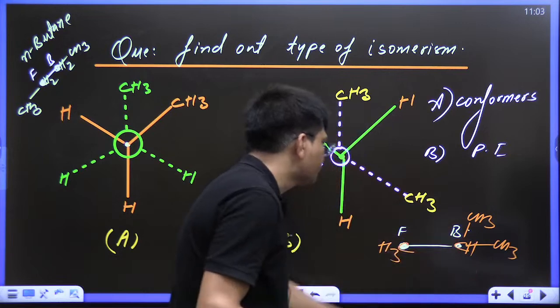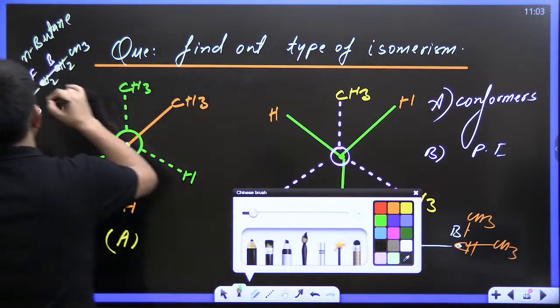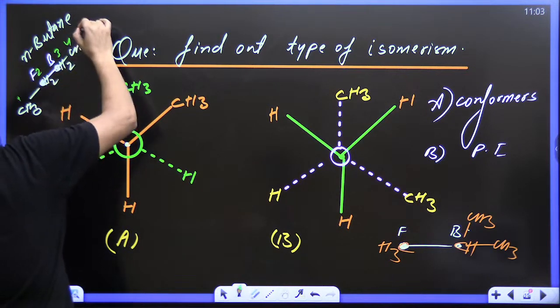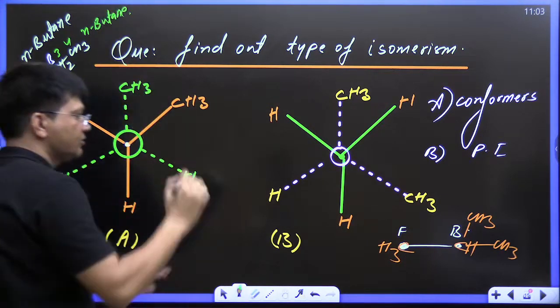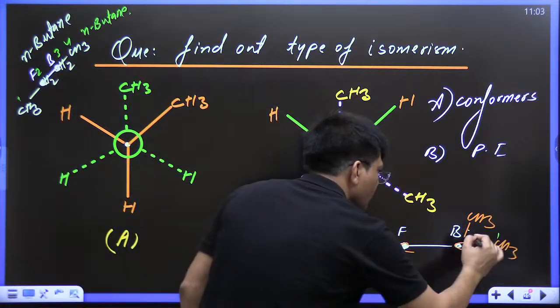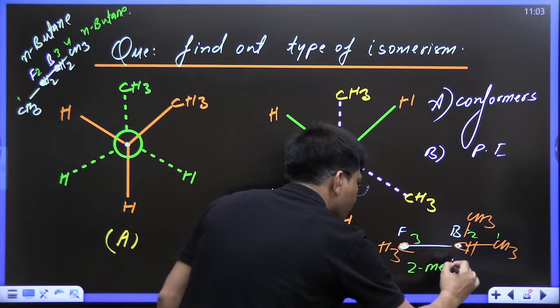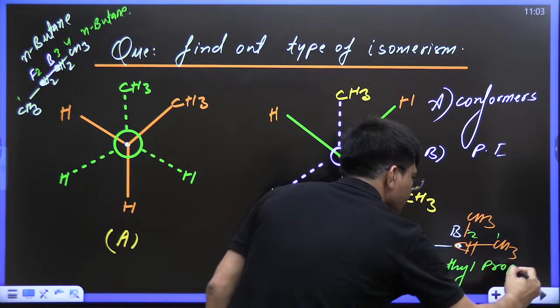This is isobutane. The first is n-butane, normal butane, or simply butane. And this is C, 2-methylpropane.